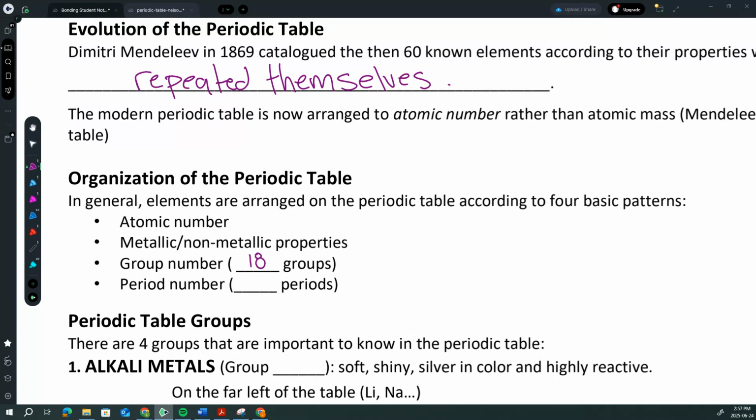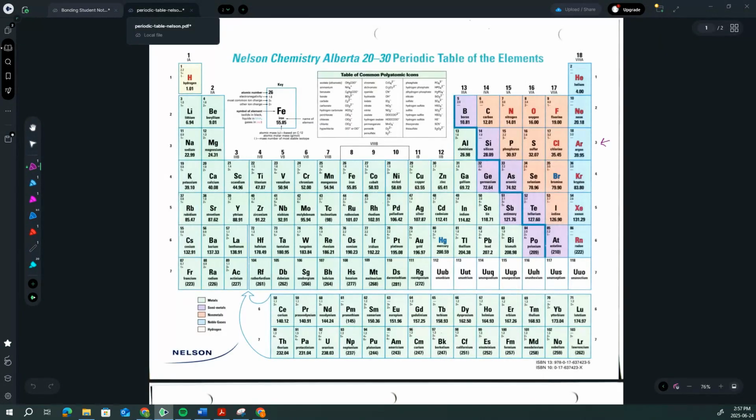So remember that groups are the columns in the periodic table. Okay, so this right here would count as one group. Okay, this would count as the second group, so on and so forth.